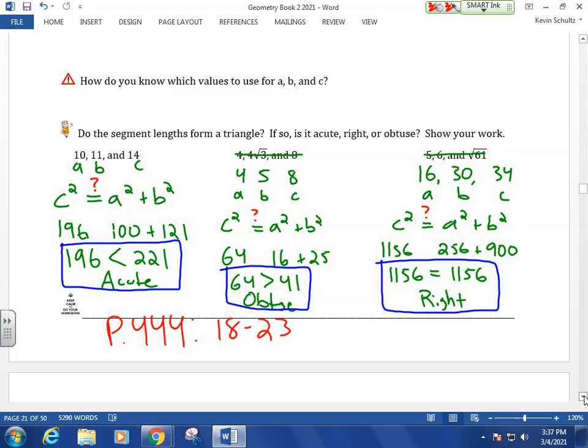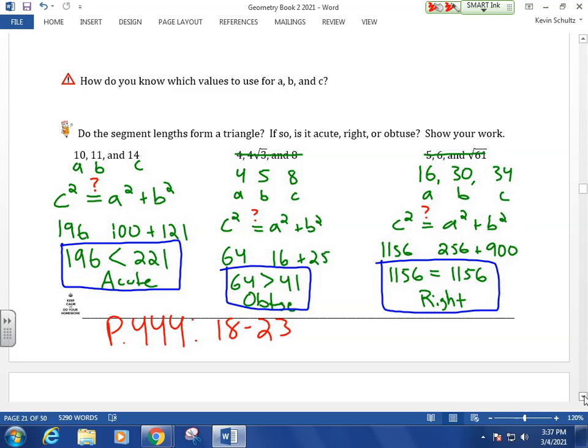Well, first, actually, the directions there say decide if the segment lengths form a triangle. So you have to make sure that the three segment lengths can form a triangle. Kind of goes back to PO30 a little bit there. And if they can, then say what type of triangle it is.